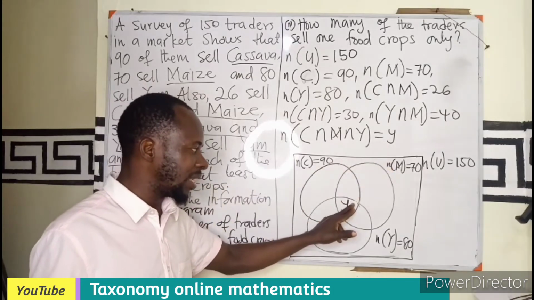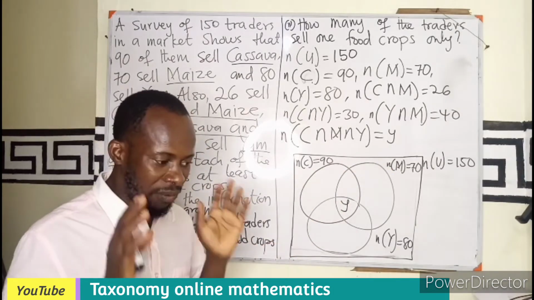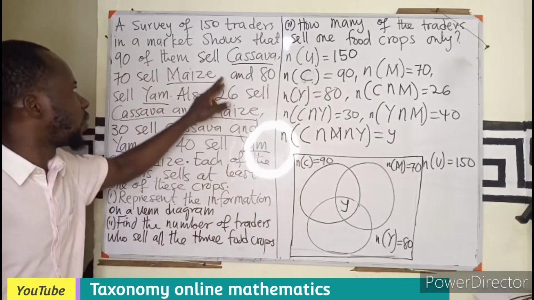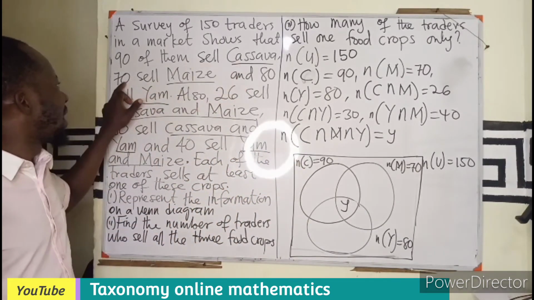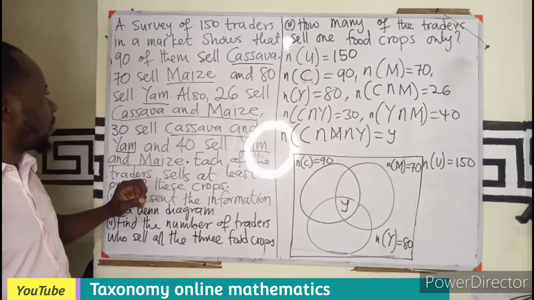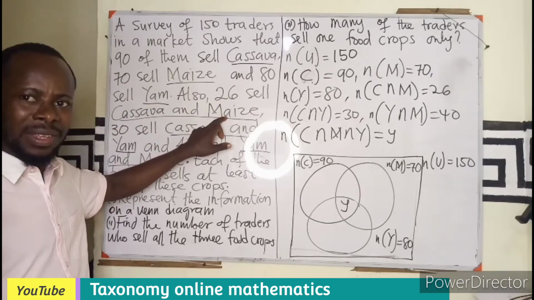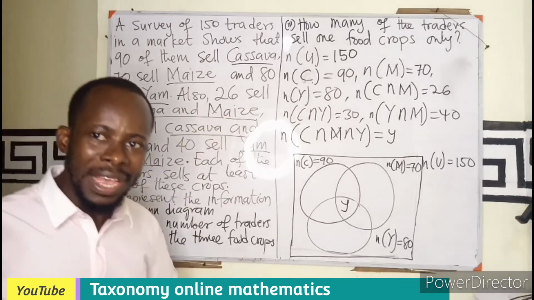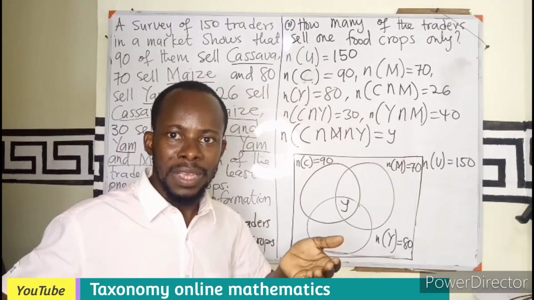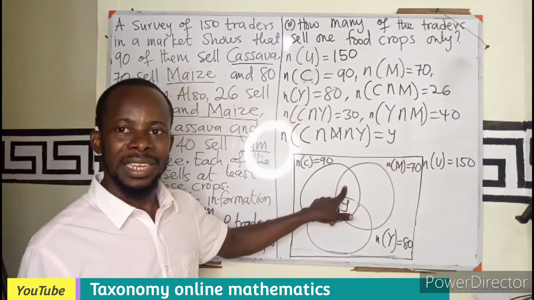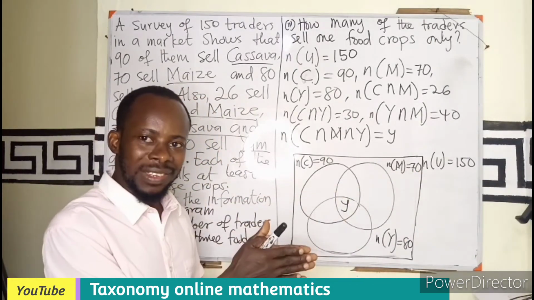So I've been given that this is what I am asked, so I am representing that with my Y as the first thing to do. Now, we have been told that 26 sell cassava and maize. They didn't say cassava and maize only. If it is cassava and maize only, then this region is where I'll put my 26.